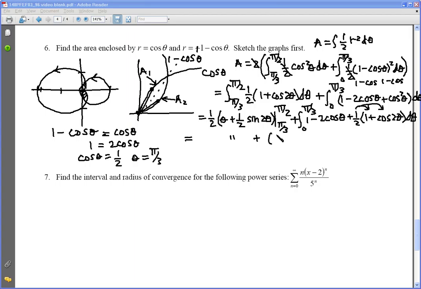So when we integrate that, that's going to be 3/2 theta. And then the integral of negative 2 cosine theta is going to be minus 2 sine theta. And then the integral of this 1/2 cosine 2 theta is going to be plus, if you integrate cosine 2 theta, remember we got 1/2 sine 2 theta, and then we've got this other 1/2 coming in, so that's going to be 1/4 sine 2 theta.